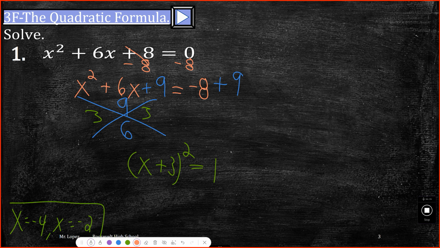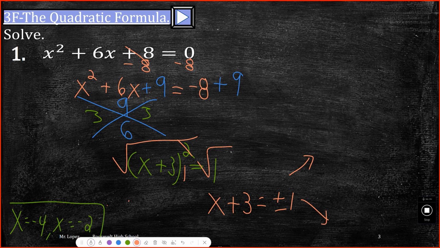Square root it. X plus 3 equals what? What is the square root of 1? But what must I put in the front of it? Plus or minus. And now we can get the answers?